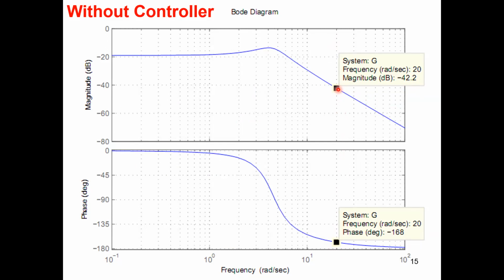So can somebody suggest a method to have this bandwidth of 20 radians per second? How can we do that? Any ideas? You can unmute your mics and answer the question.